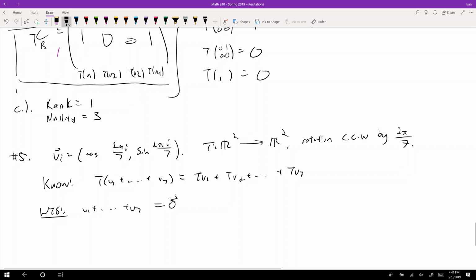Okay, so any ideas on how we do this problem? Yeah. So use the standard basis in R2 and then what afterwards? Do a change of basis. So I don't think we actually even need to do any calculations. This is more of a theoretical problem.